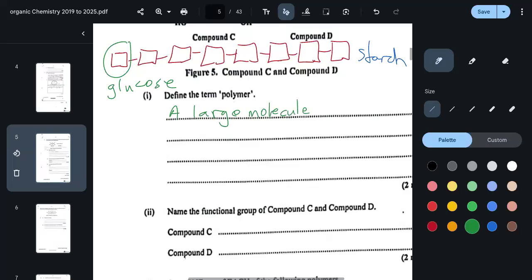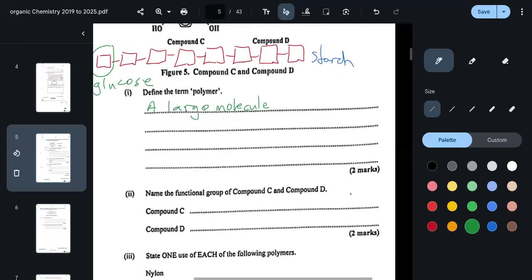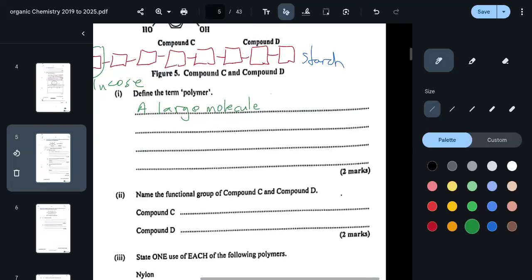Now on the exam you don't have to put large molecule. You can just put that it is a macromolecule. So a polymer is a macromolecule. So once you say macromolecule, we know it's a large molecule.